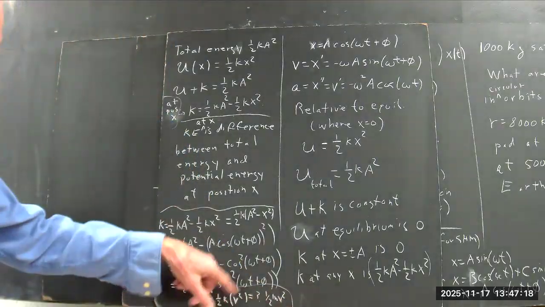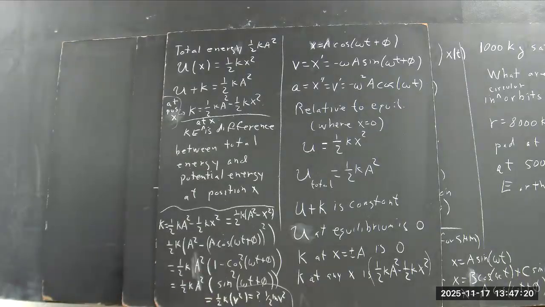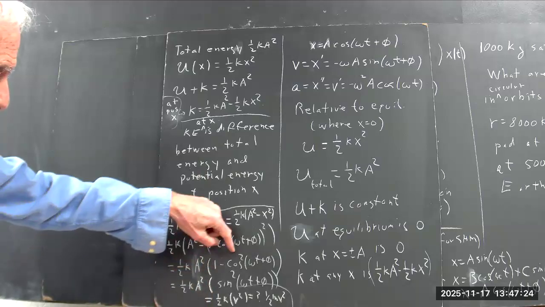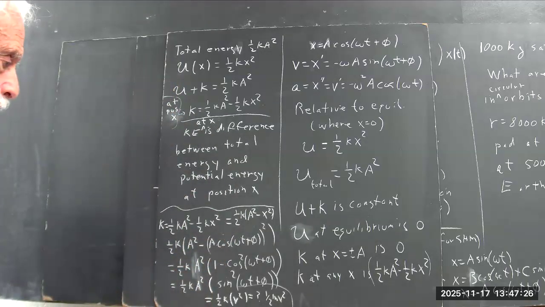I've done some bonehead thing, I've left something out. But it's kind of neat. If you just analyze this and use the fact that 1 minus cosine squared is a sine squared, you end up with 1/2 mv squared, even though it's not what I ended up with. I have to think that through. I'm not going to puzzle over it right now.